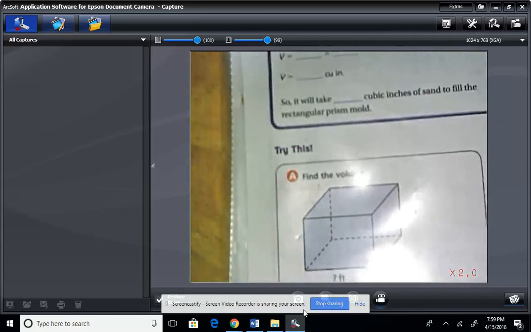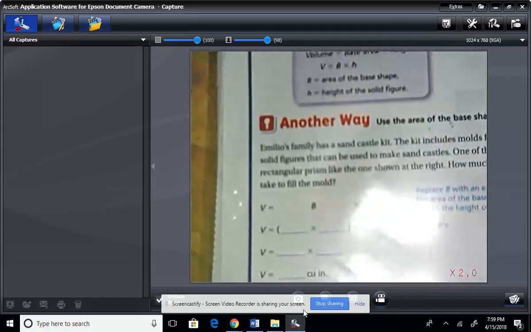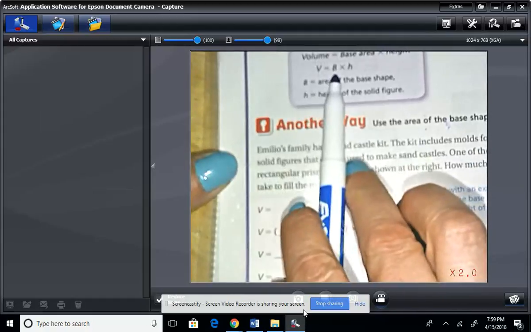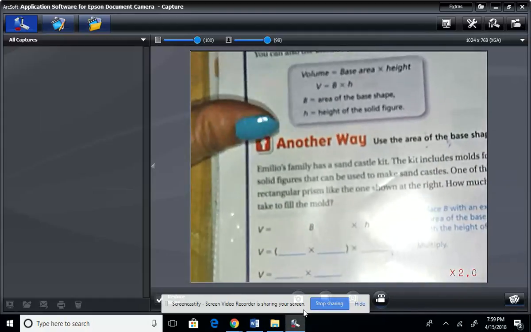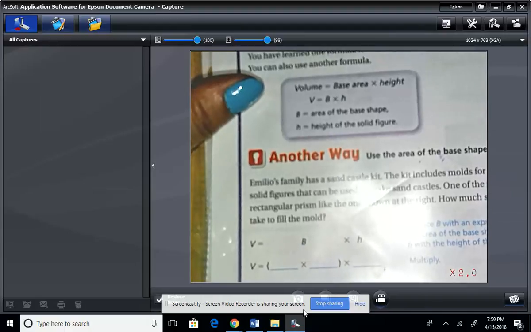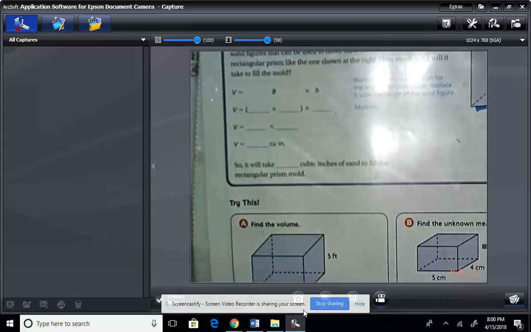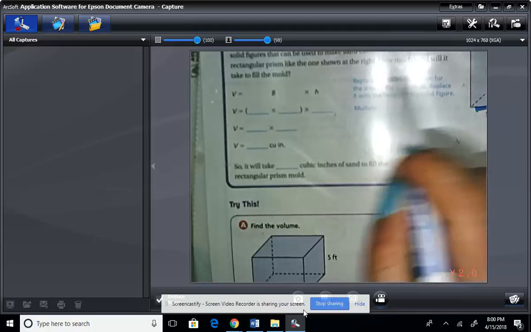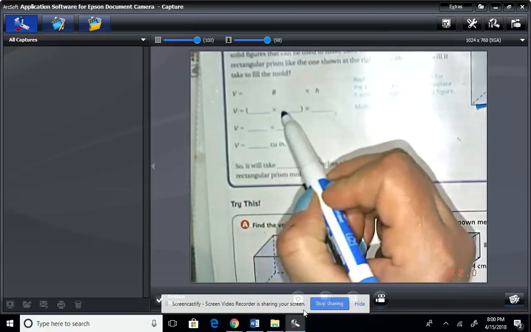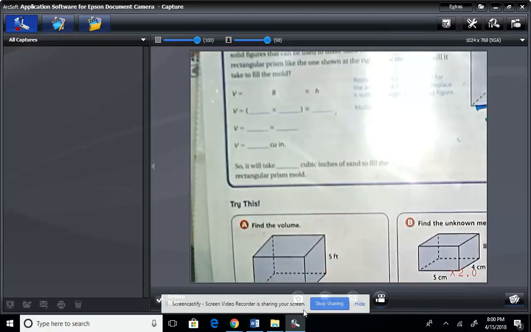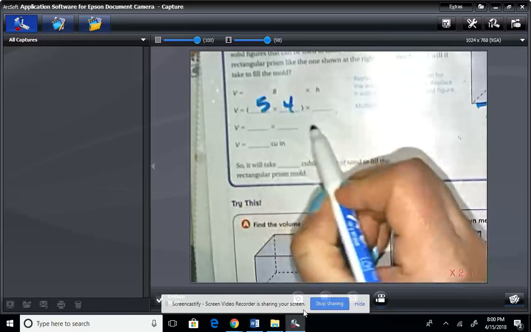All right, another way to do it is to say volume equals base times height. So the base is right away what we get here with those two. And then to get the base, we would do 5 times 4, times the height.